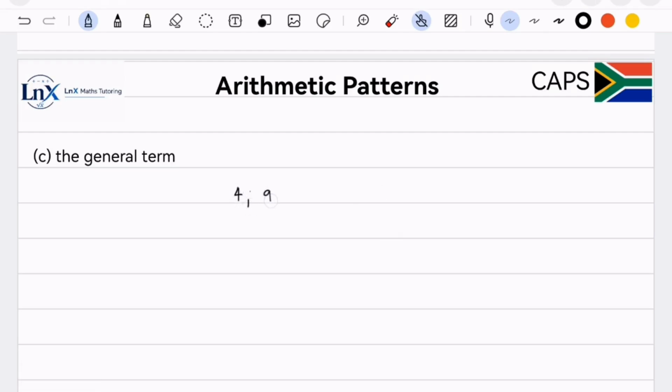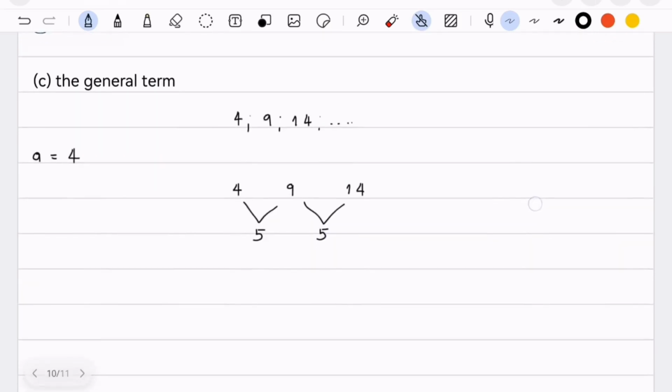So now we need to determine what a is, and a equals 4, and then we need to find our common difference. So we can make this 4, 9, 14. The difference 9 minus 4, well, that's going to give us 5. And 14 minus 9, that's also 5, right?